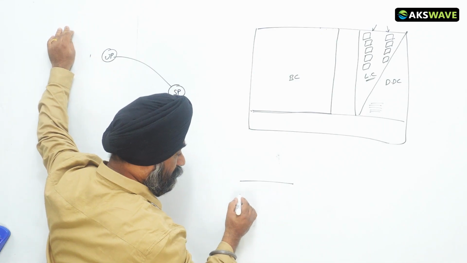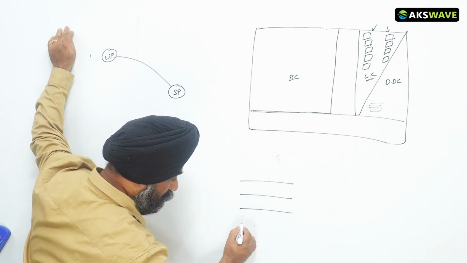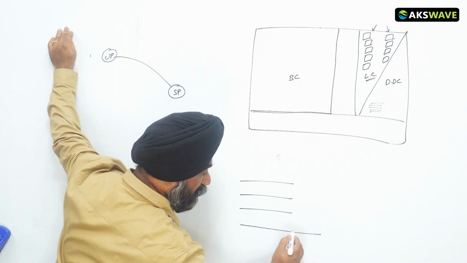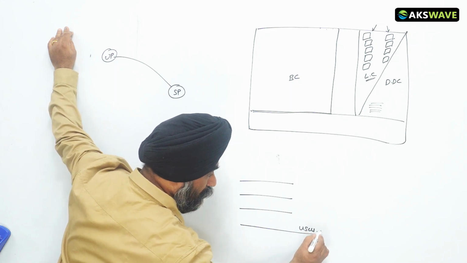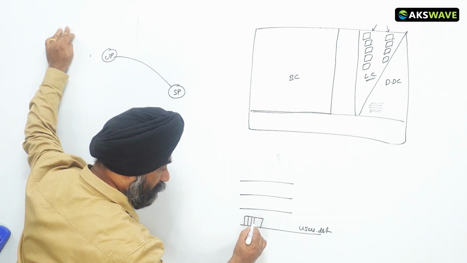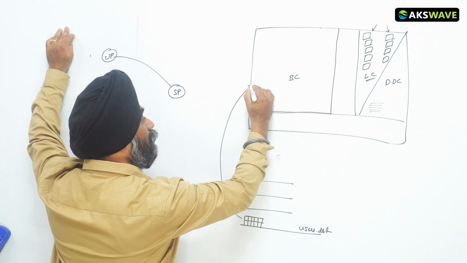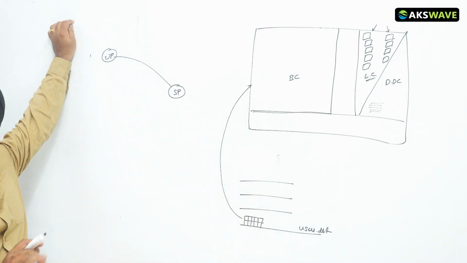Your system, sysaux, different files, and this is my user data file, and we also understood that my table blocks are taken from here and loaded into the buffer cache.